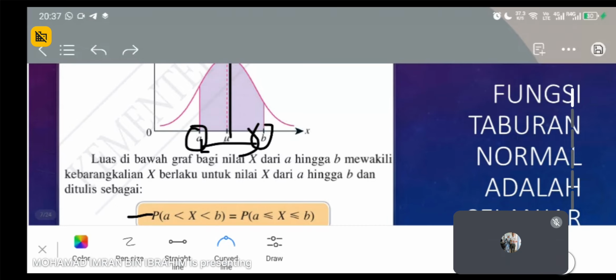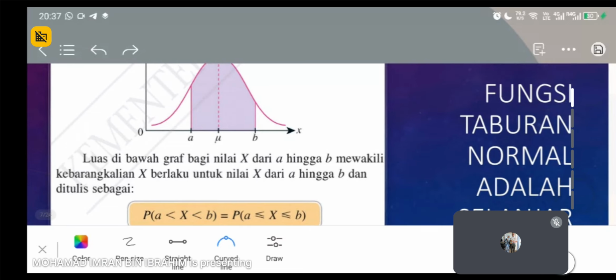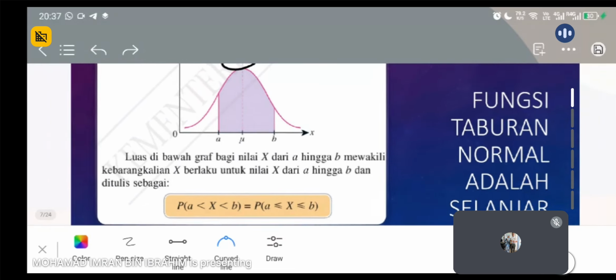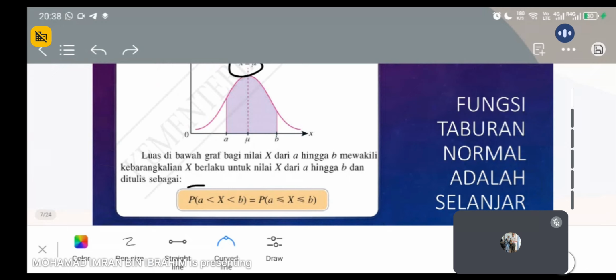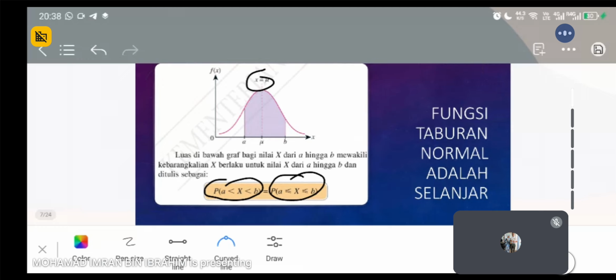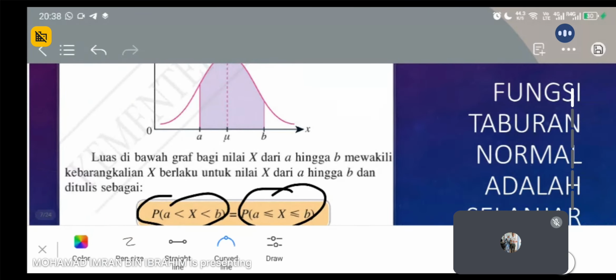So this whole equation is the same as this.